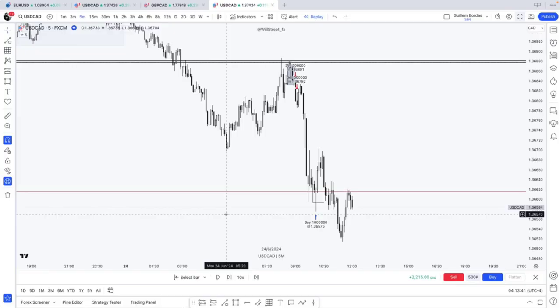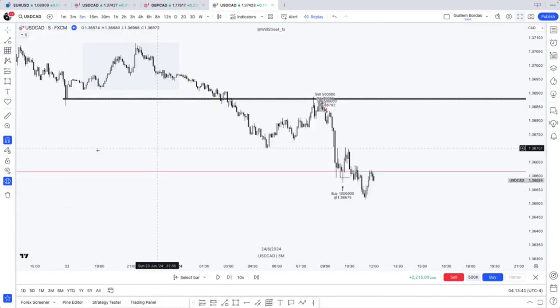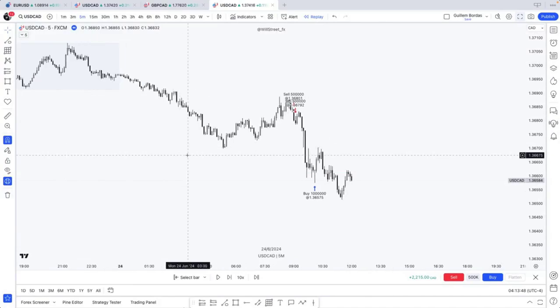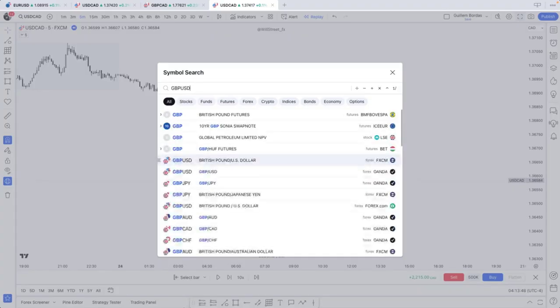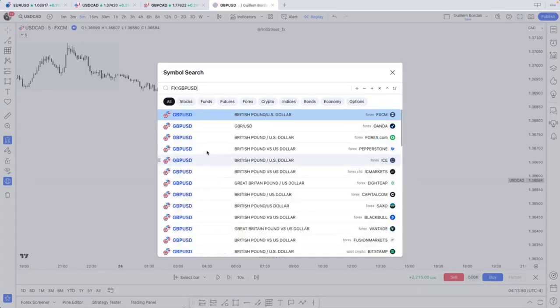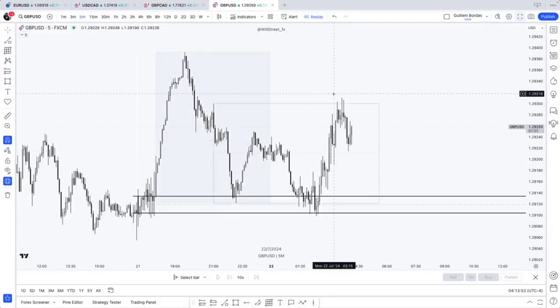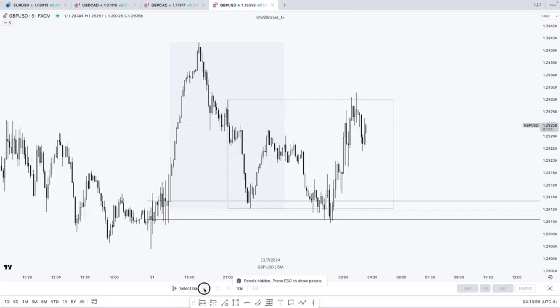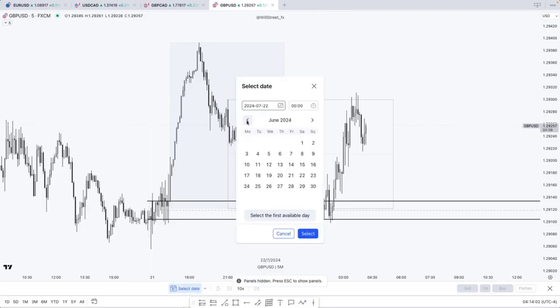Alright, so next example. This was a really good trade. So the gap, and going into the 20 option.